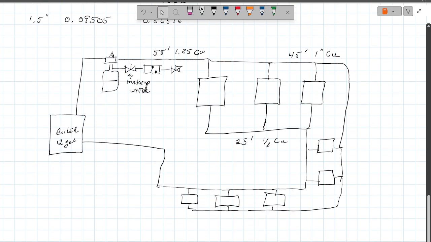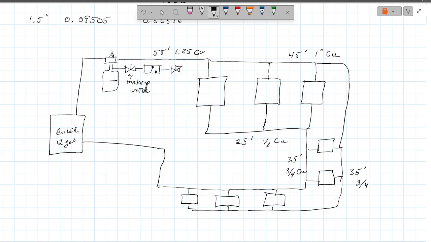We can increase this one so it's 35 feet of 3/4 inch copper. And then we can have this come back to 1 inch down to here. We'll make this 35 feet of 3/4 inch copper.